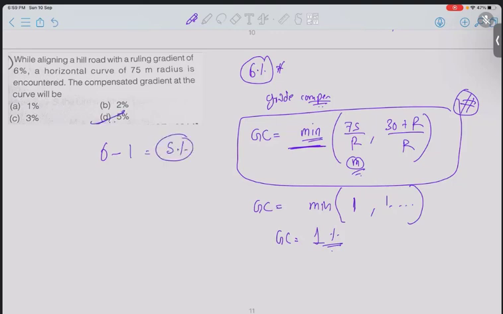Now I have a question. Let's say the ruling gradient for this particular hill road was not 6% initially, but it was 4.5%. Then in that case, what is the compensated gradient?